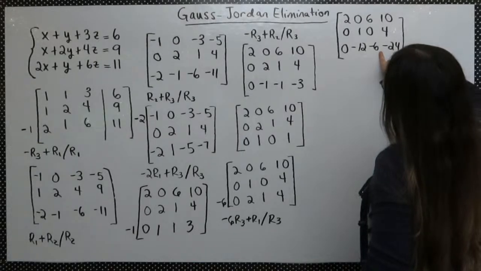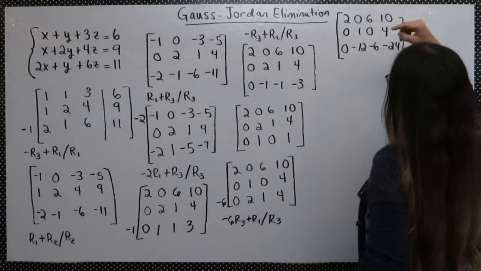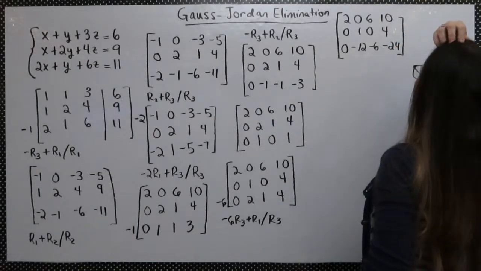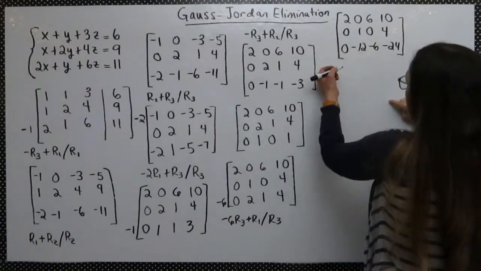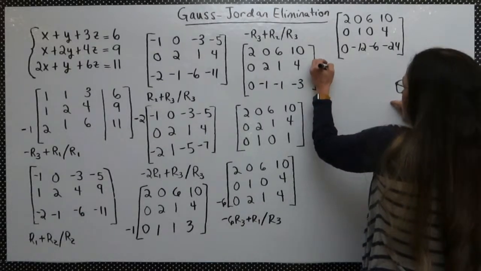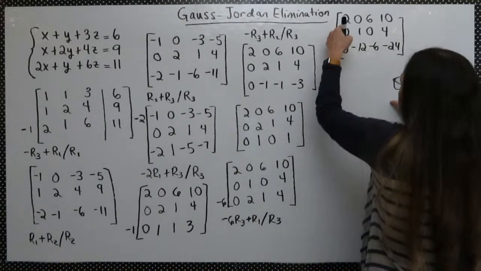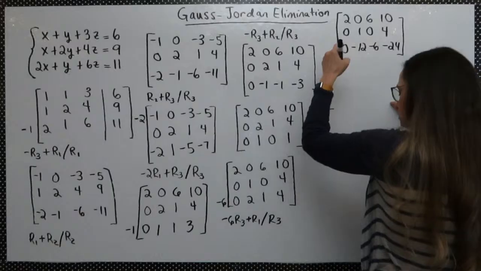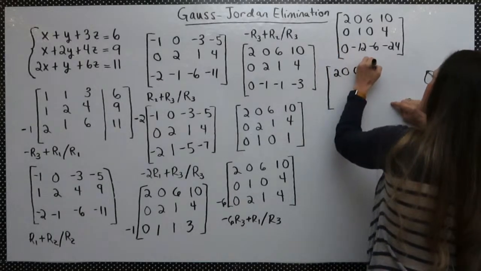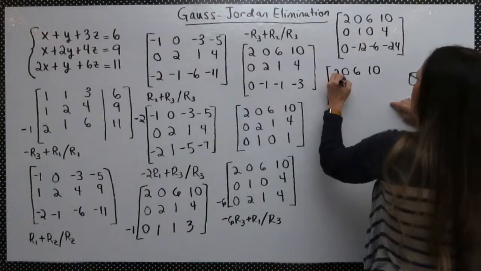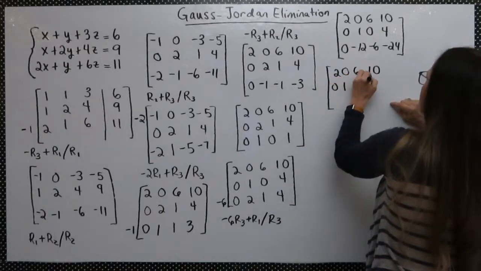And we'll replace row 3. You know, that one will be 0. That would be 2. Yeah, we'll replace row 3. So, let's see. 2, 0, 6, 10, 0, 1, 0, 4.